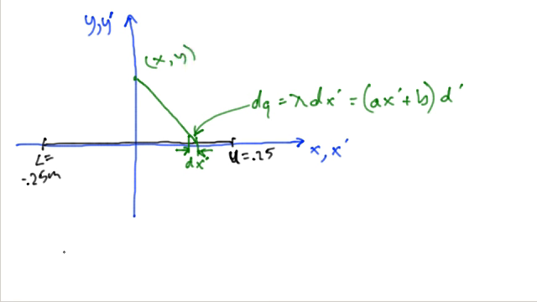And our d phi, the contribution to the potential at that point due to the infinitesimal bit of charge.